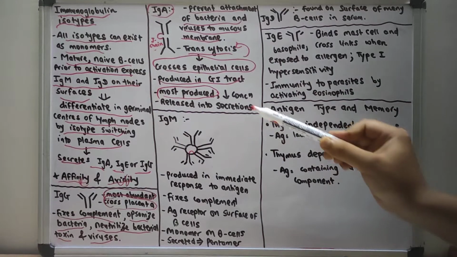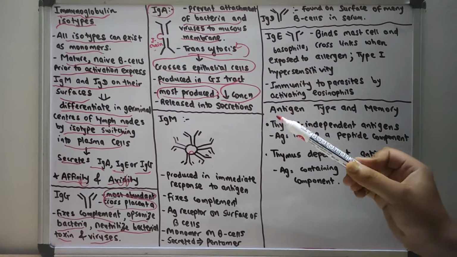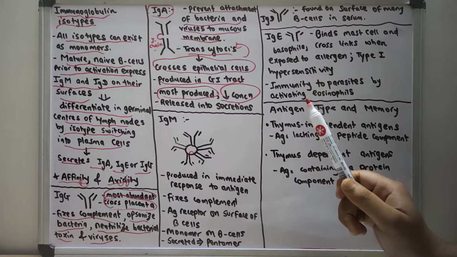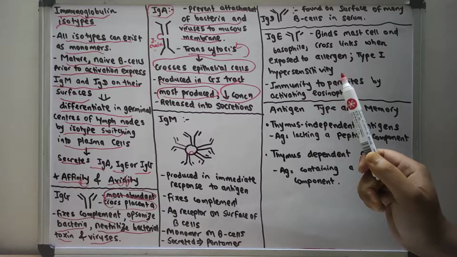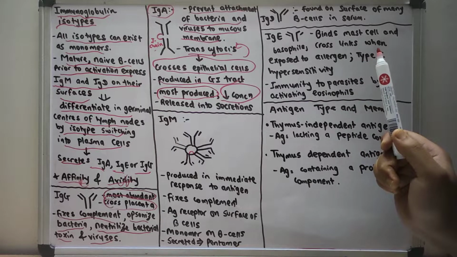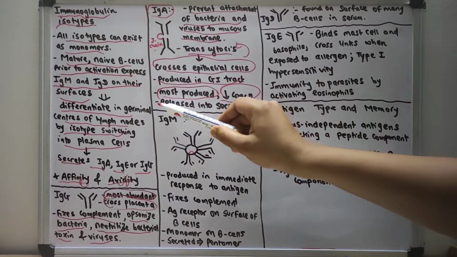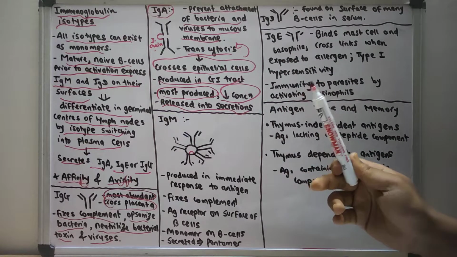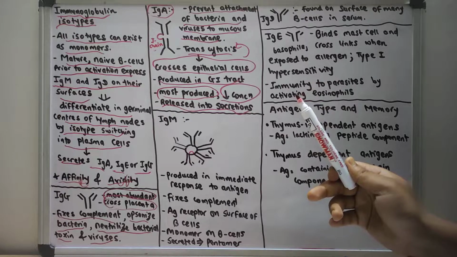It is the most produced immunoglobulin in our body, but the concentration of this immunoglobulin in the serum is very low because it is produced in the gut. It is released into the various secretions, like tears, saliva, mucus, and also the breast milk.